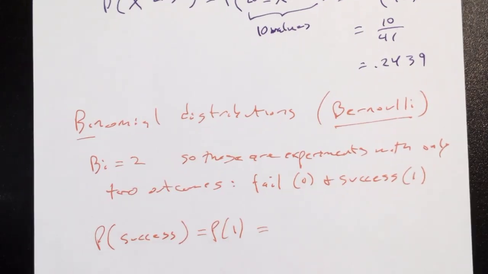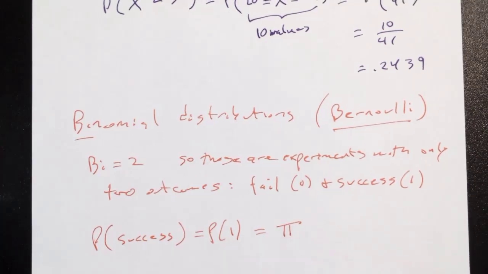Our textbook, in a fit that absolutely pisses me off, says we're going to use P. But because this is a parameter, we're going to use the Greek letter pi. Every time I see that, I think 3.14. And 3.14 is not a probability. So damn it, that bugs the hell out of me.